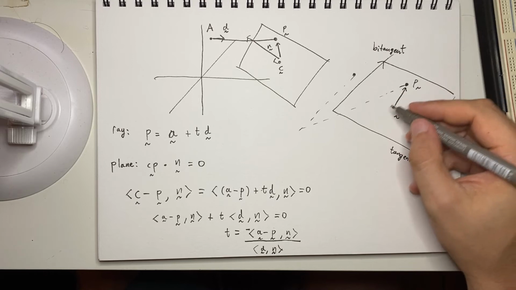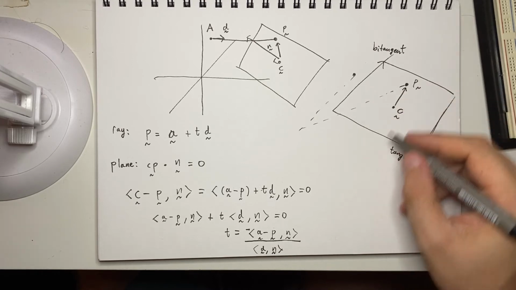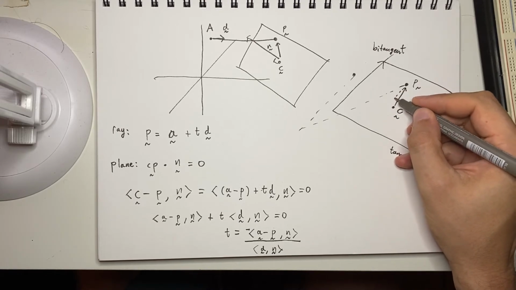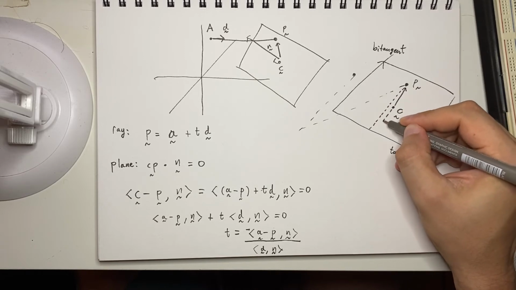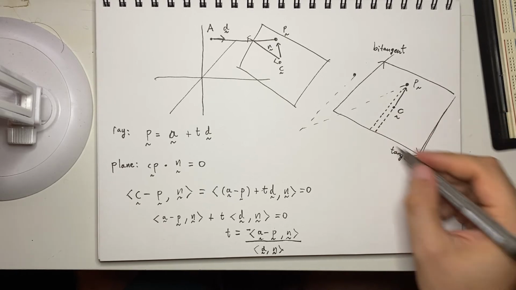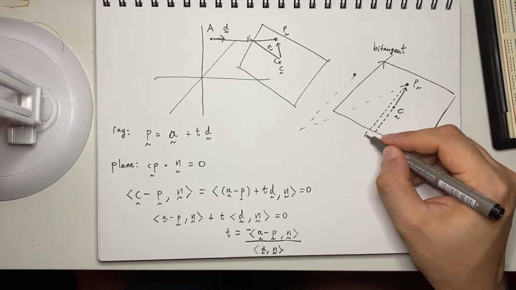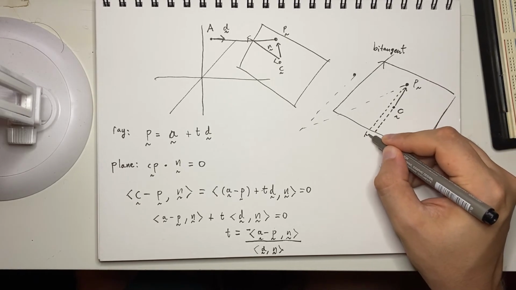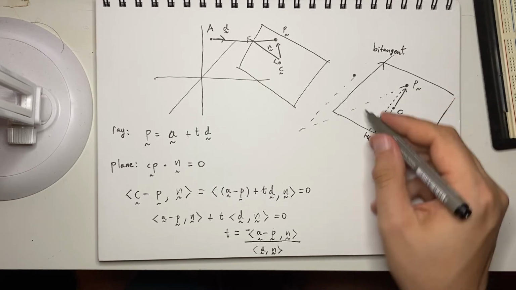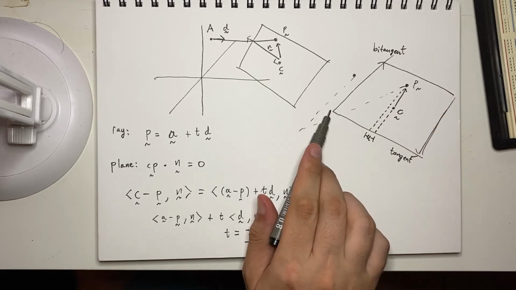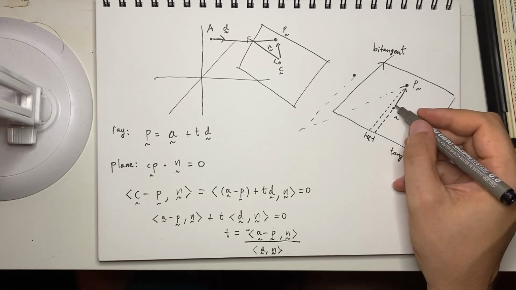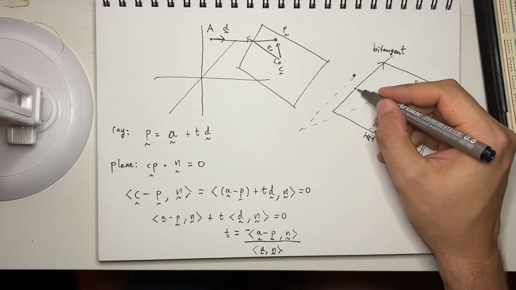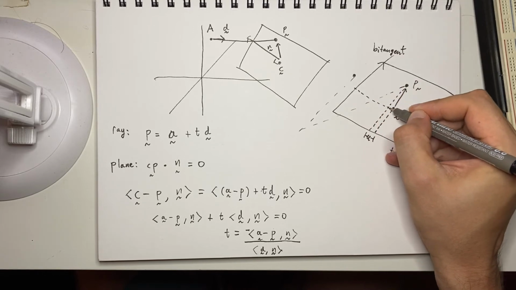Okay, we want to know how far this is in the tangent space. How far is this point along the tangent? So there'll be a left bound and a right bound. And we also want to know how far across it is, how far it is along the bitangent.